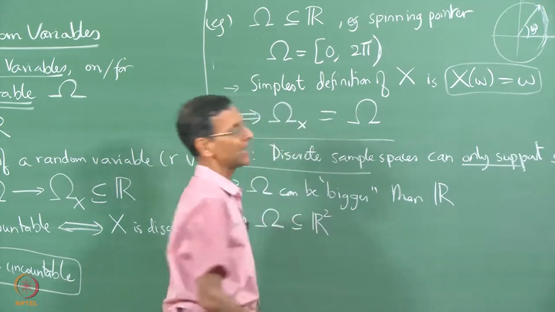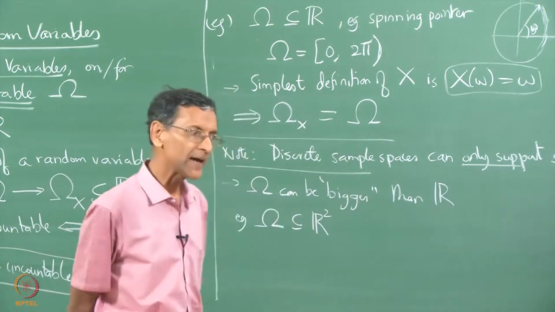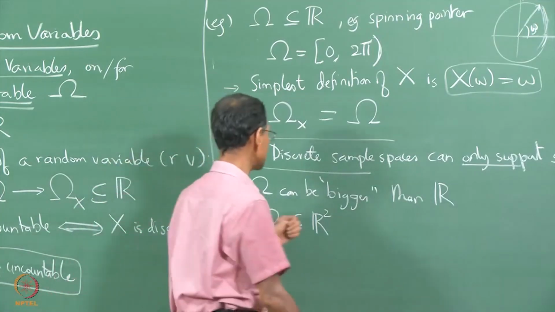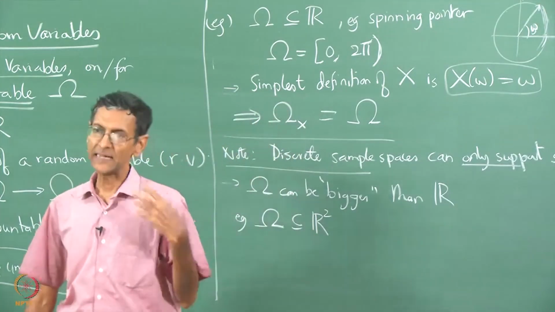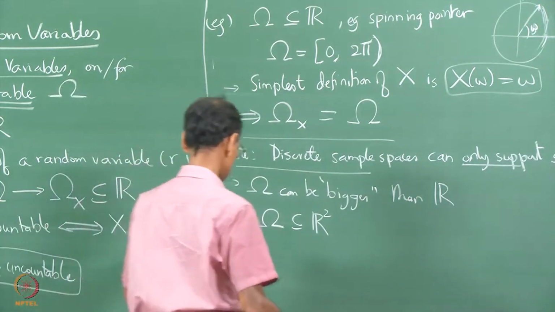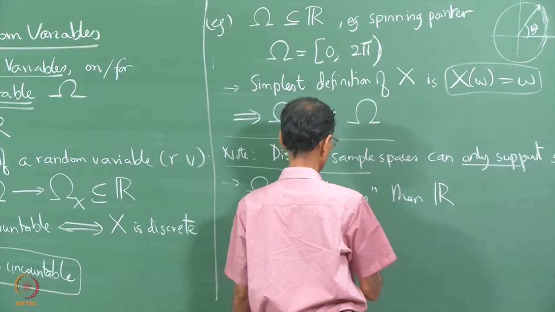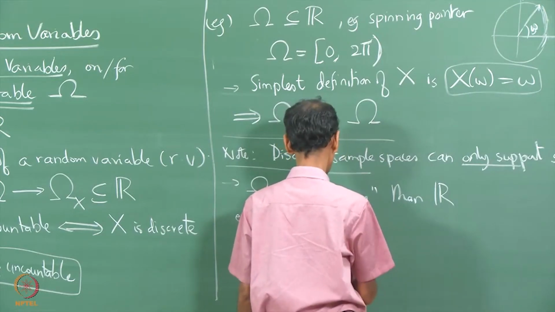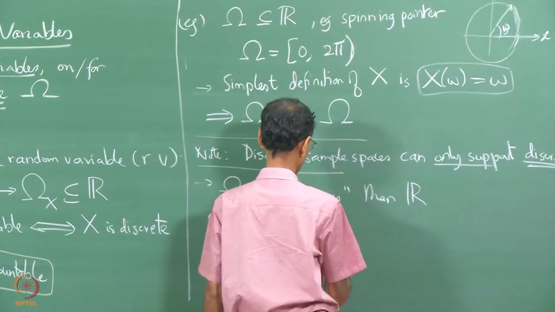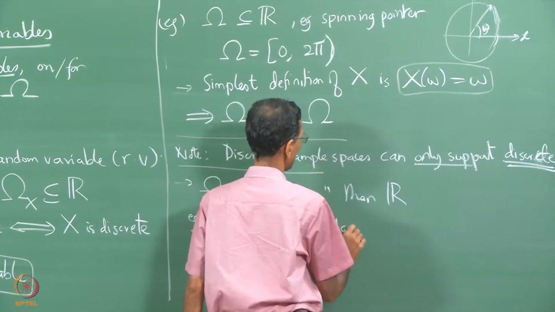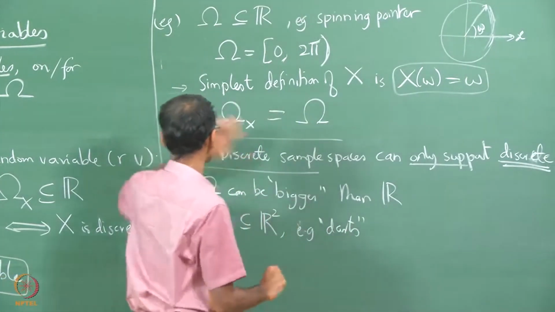This situation where omega is some portion of the plane is the classical setting for the darts experiment. The most important example here is darts. What does a darts experiment do?